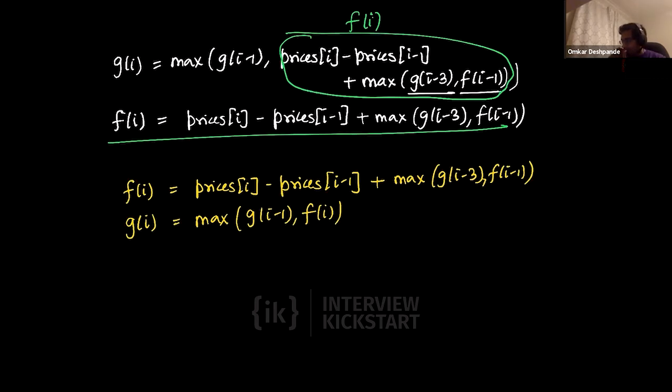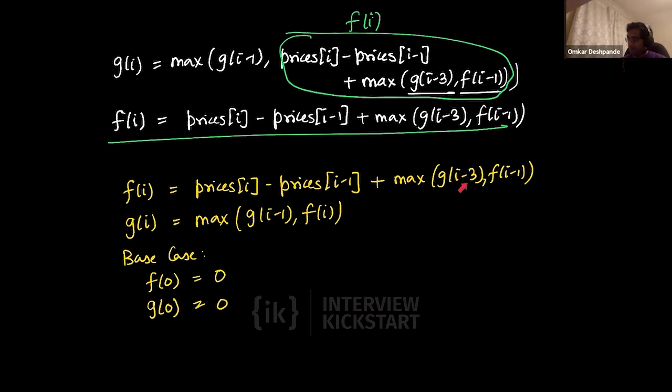So we again have as our base cases, if there was only one day, f of 0 is going to be 0, g of 0 is going to be 0 as before. Now there is this I minus 3 term here.